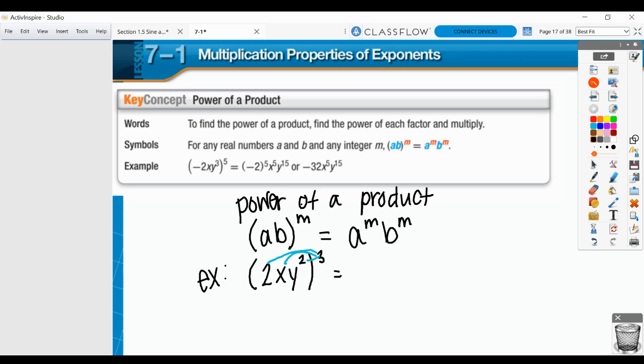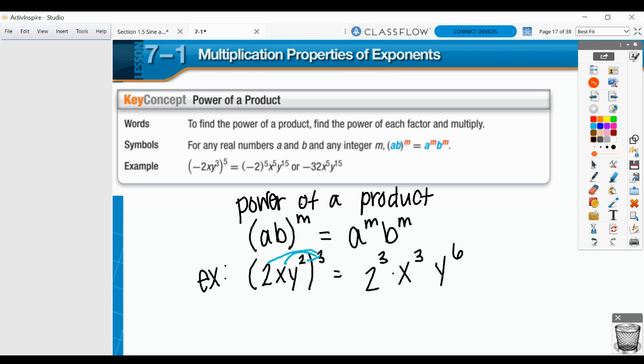So you would end up doing 2 to the third. Then when you do these exponents, you're going to multiply because this is a power of a power. This is what we just did. So it would be x to the third. And then the y's would be y to the sixth.